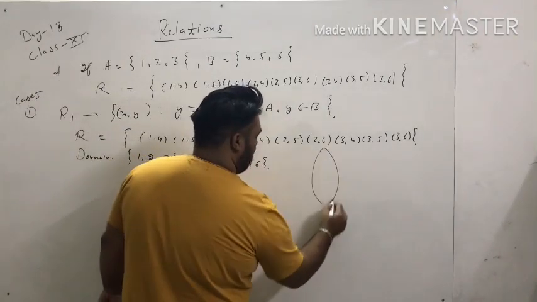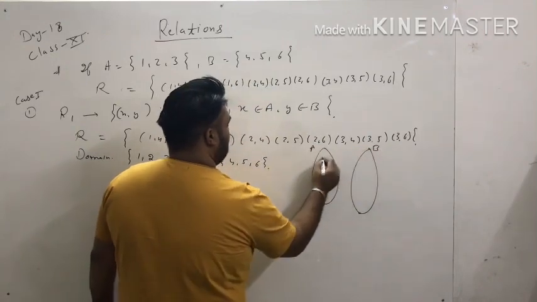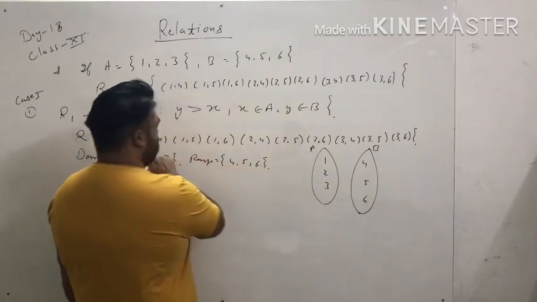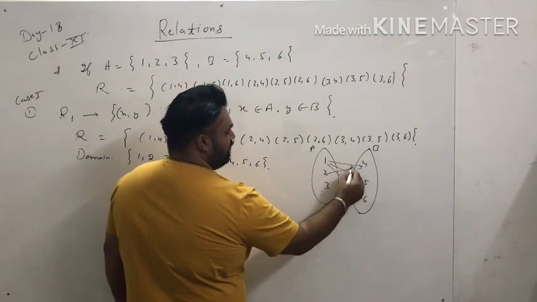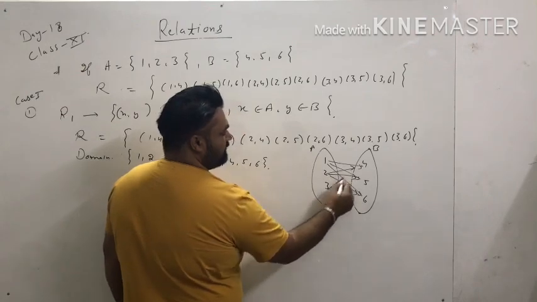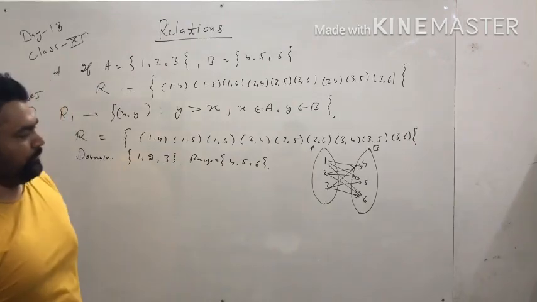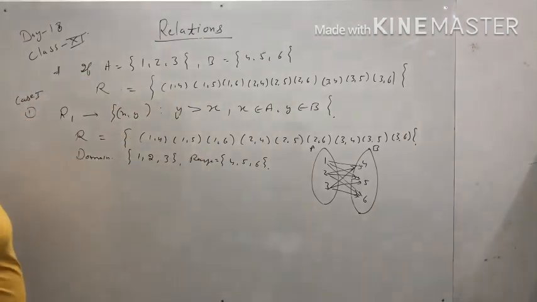So by arrow diagram, this is A, this is B, 1, 2, 3, 4, 5, 6. So the relations are 1 4, 1 5, 1 6, 2 4, 2 5, 2 6, 3 4, 3 5, 3 6. So through arrow diagram we can also represent these ordered pairs.